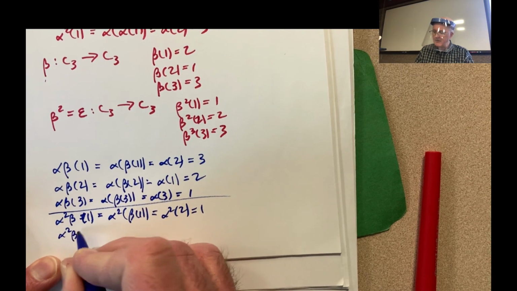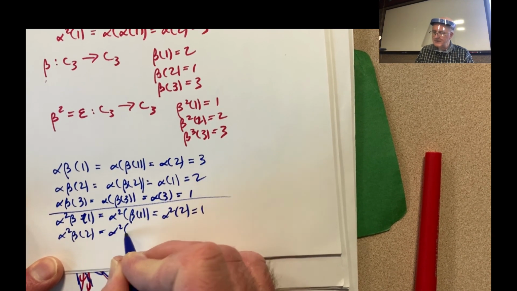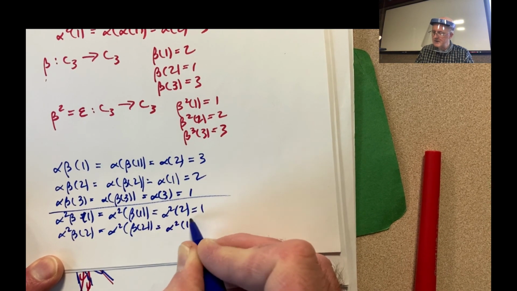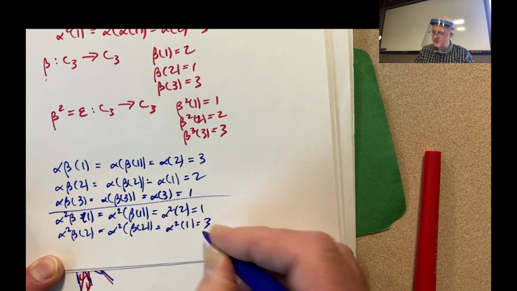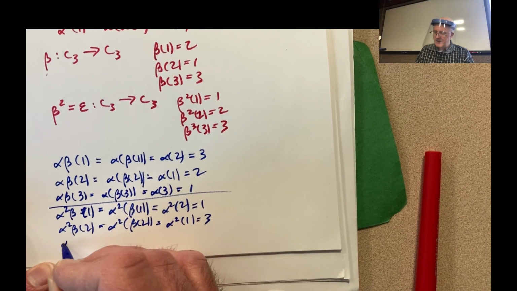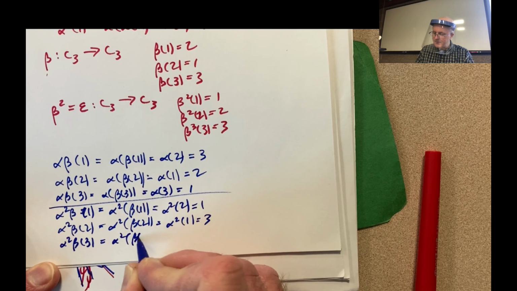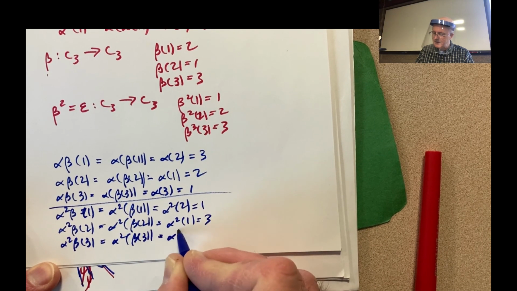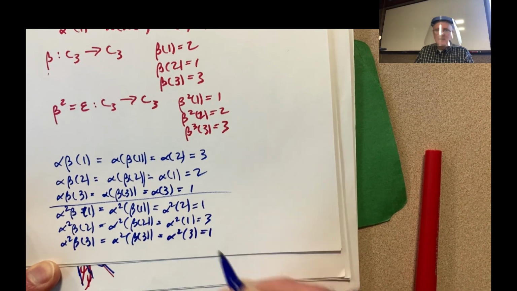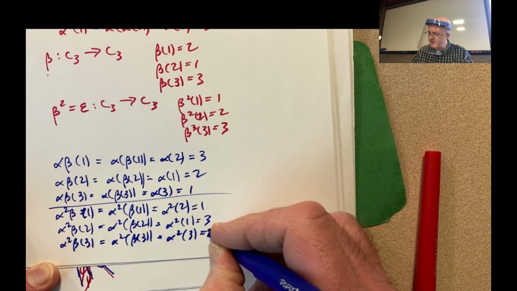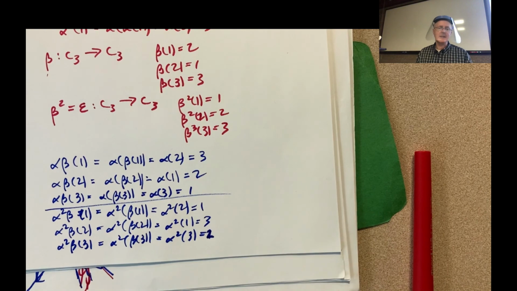Alpha squared beta of 2 is alpha squared of beta of 2. Beta of 2 is 1. Alpha squared of 1 turns out to be 3. And finally, alpha squared beta of 3. Beta of 3 is 3. Alpha squared of 3, excuse me, is 2. And that's yet another permutation.